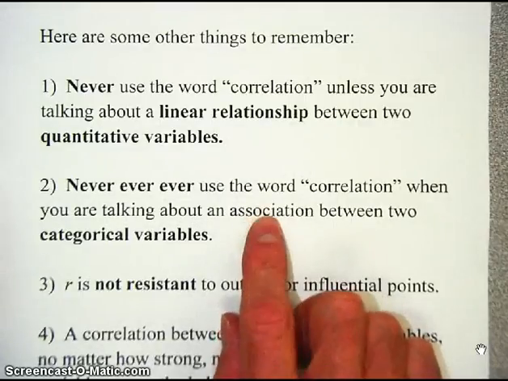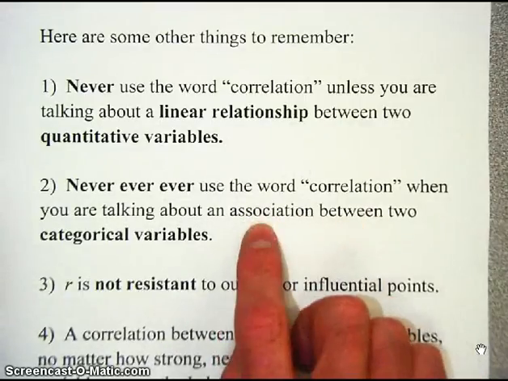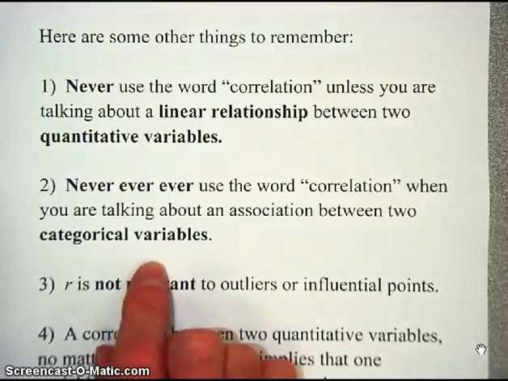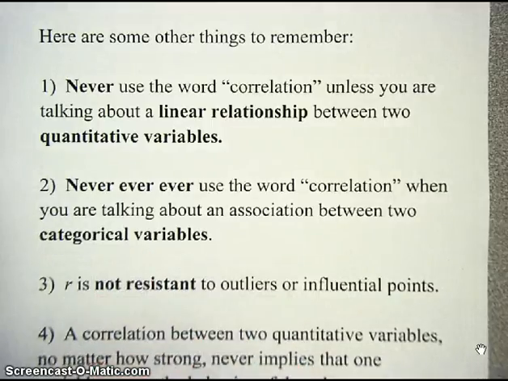Never, ever, ever use the word correlation when you're talking about an association between two categorical variables. Lots of categorical variables are associated. For instance, political party and opinion on same-sex marriage. Those things are associated. Democrats tend to be more in favor of same-sex marriage than Republicans are. That's an association. It's a relationship, but it's not a correlation.